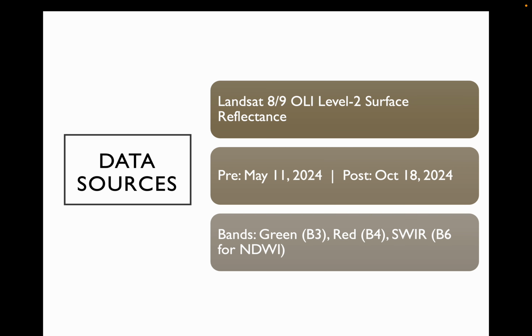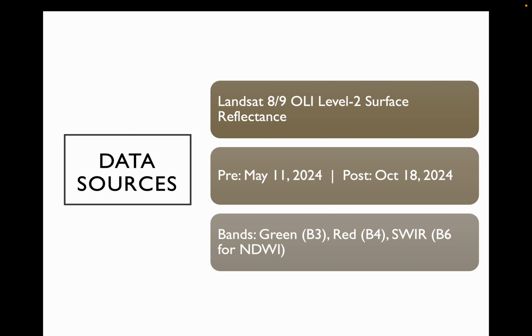For data, I used Landsat 8 and 9 Operational Land Imager Level 2 surface reflectance products, which already include atmospheric corrections. So I could move directly into calculating the spectral index. I selected two key dates.